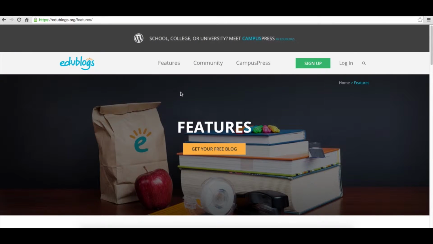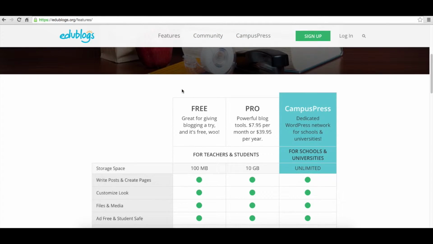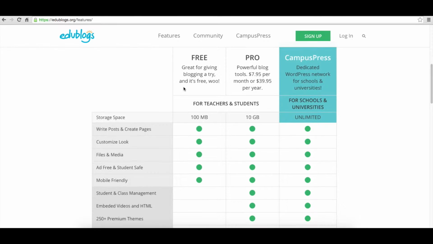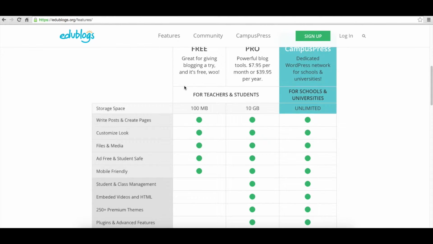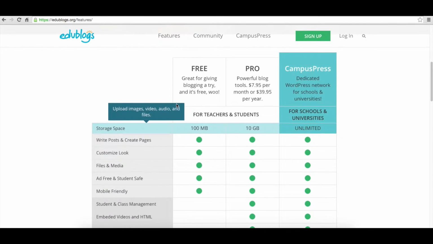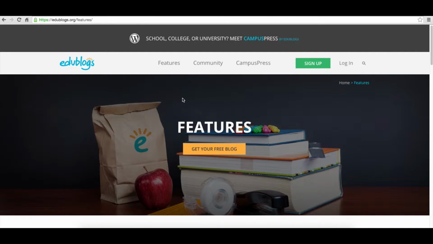What are the perks of using that versus just WordPress? I don't know, because I've never used WordPress. I have used WordPress. This probably tells you what some of the things are. Student safe and ad free. That's probably the biggest part, I would say. Right. That versus just having WordPress be ad supported.